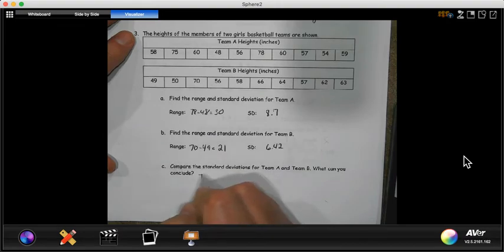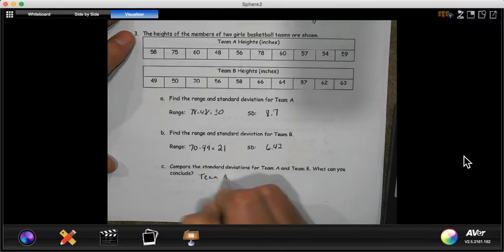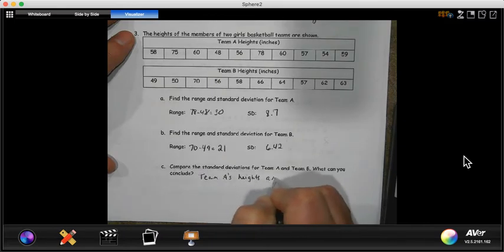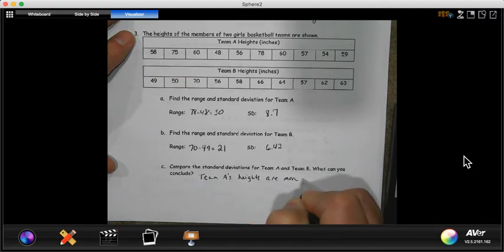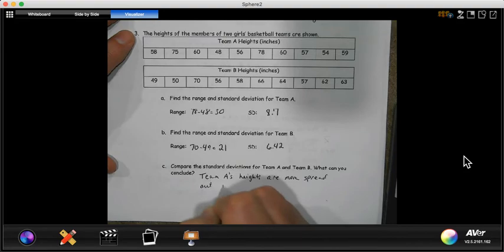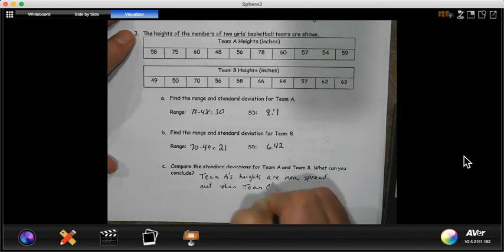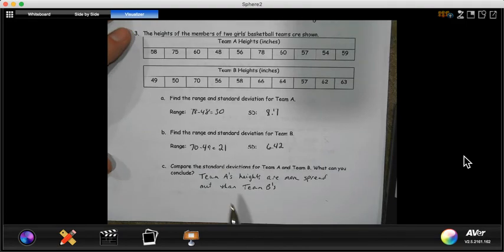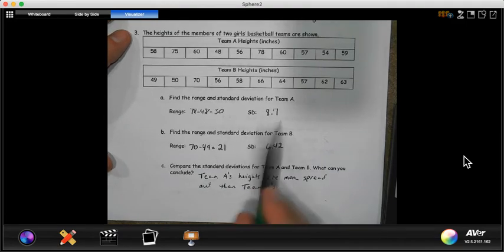So team A's heights are more spread out than team B's because the range of numbers is bigger and the standard deviation is bigger.